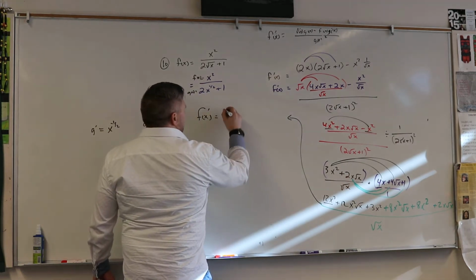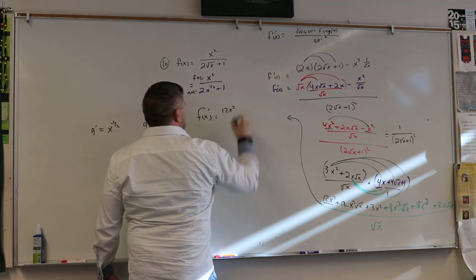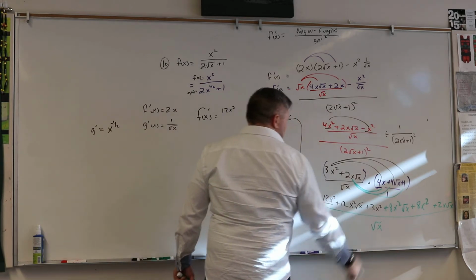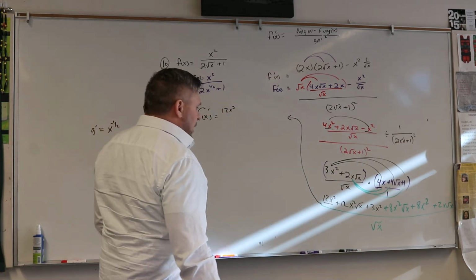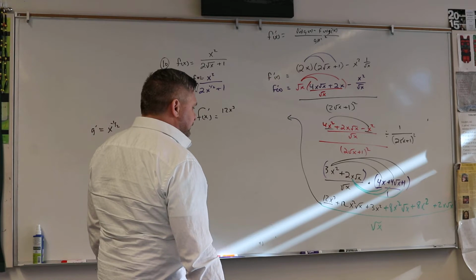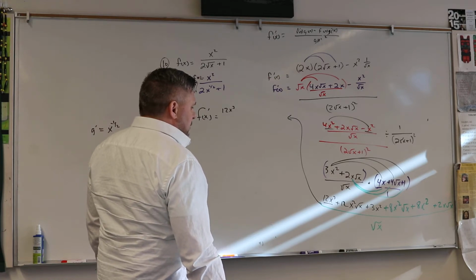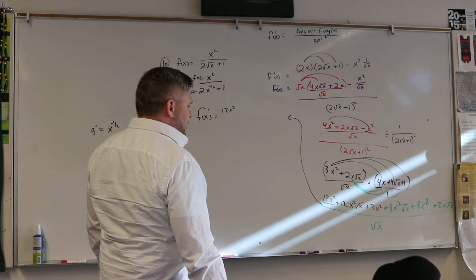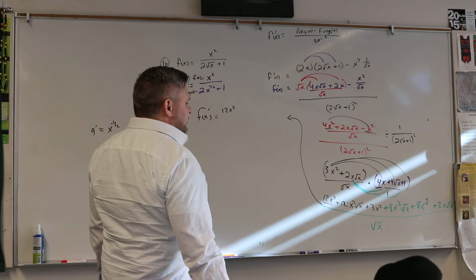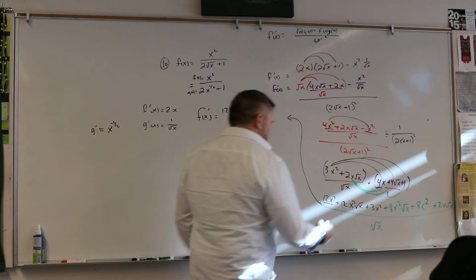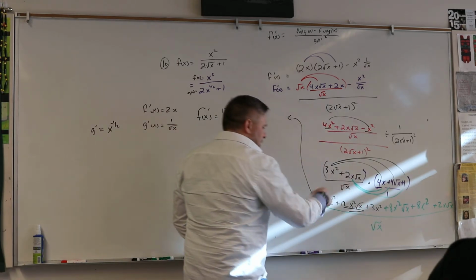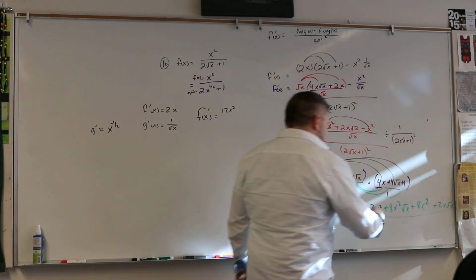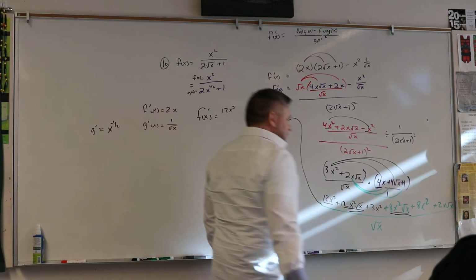So I got 12x cubed. And then plus 12x squared square root x. Is there any x squared square root x? I see an x squared square root x right here.